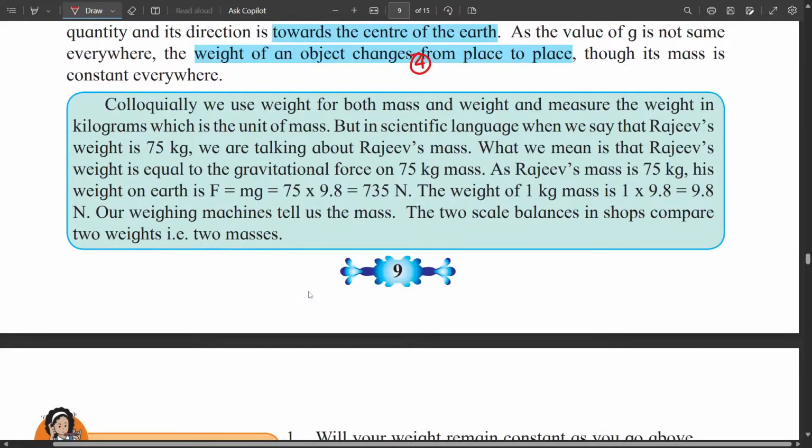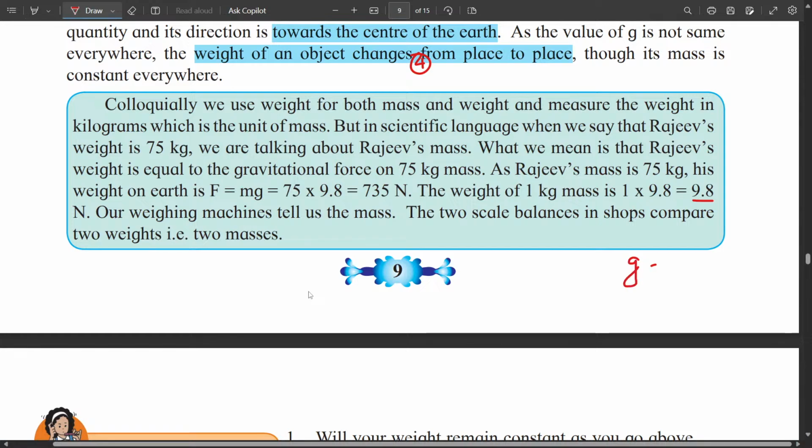Colloquially, we use the terms mass and weight interchangeably on the surface of Earth, and the reason behind that is the gravitational acceleration on the surface of Earth is constant and it is 9.8 meter per second square.